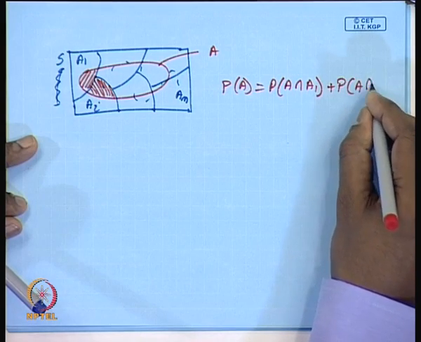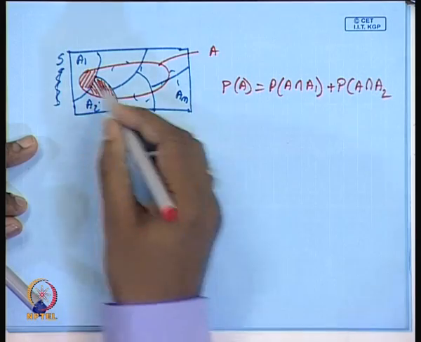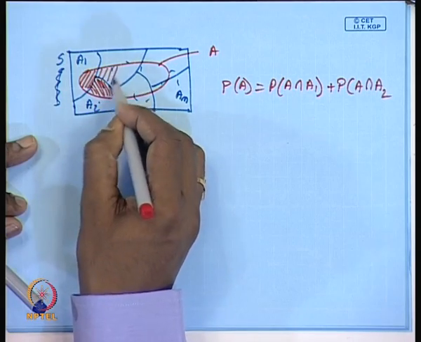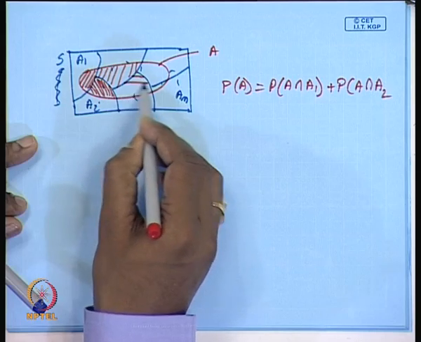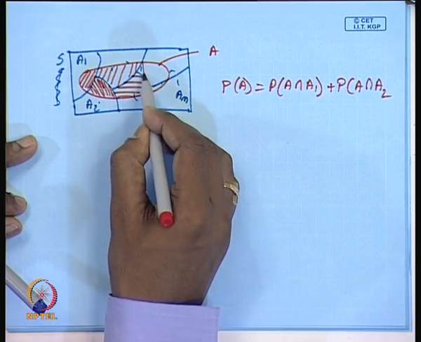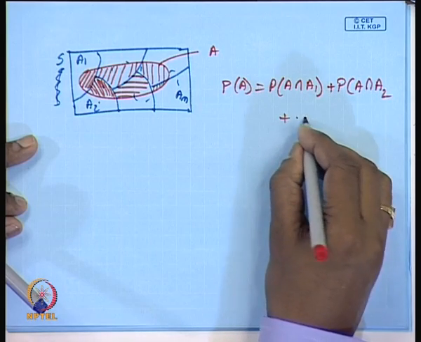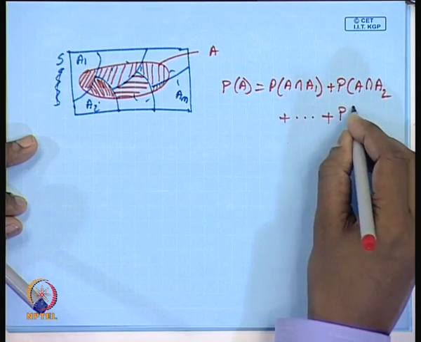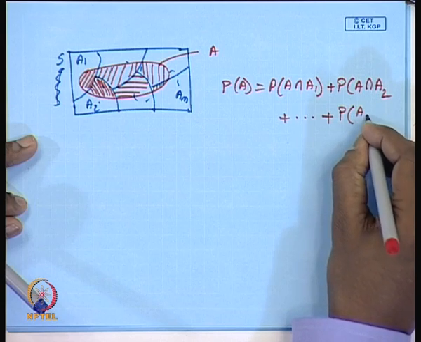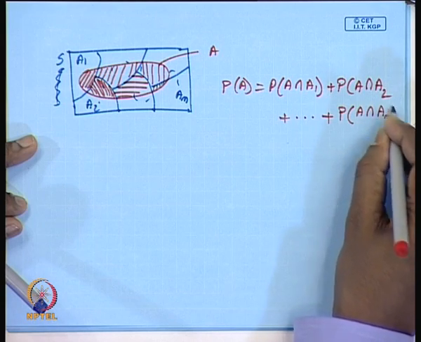So, A intersection A2. In this way I will go on adding up, then this area will come, then this area, then this area, and finally the last event will come. So in this way I will add up to probability of A intersection AN.